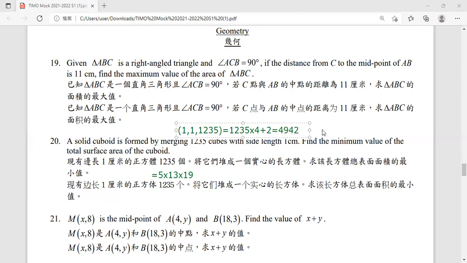So if I put this one, the answer for this one will be 19 times 13 plus 19 times 5 plus 13 times 5, and times 2.